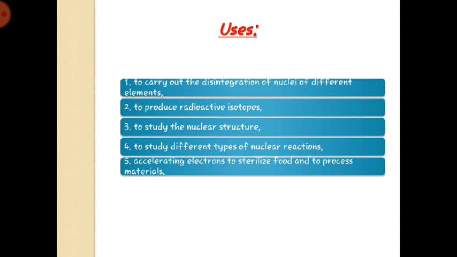Just write 2 uses in that question, but if it is straightly asked like explain Van de Graaff generator with the following points and they have given the points, then you have to write all the things. If they ask only principle, if they ask only uses, then you can write only those terms. Okay, so this is very important in this chapter and I hope you all got this concept. What exactly Van de Graaff generator is.